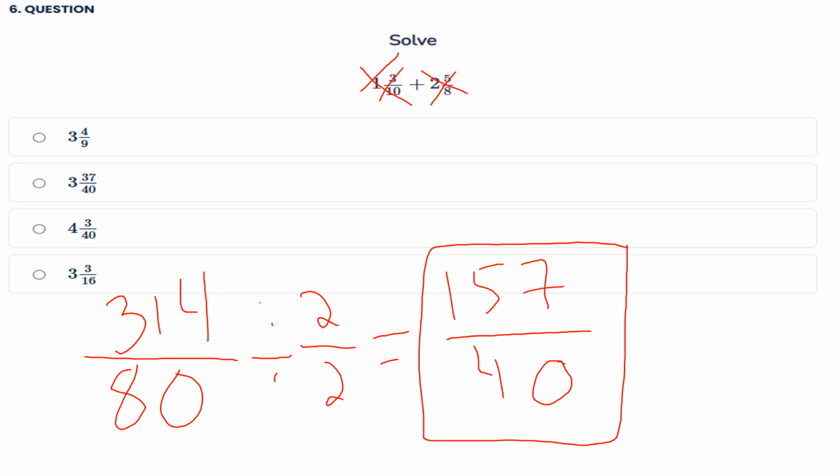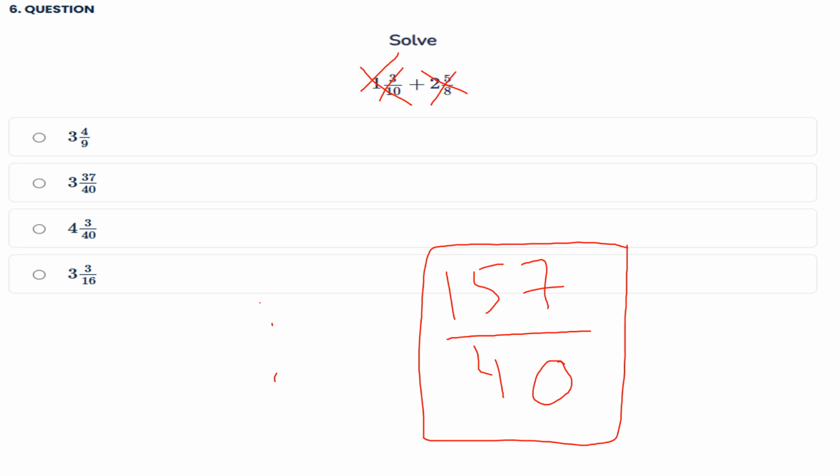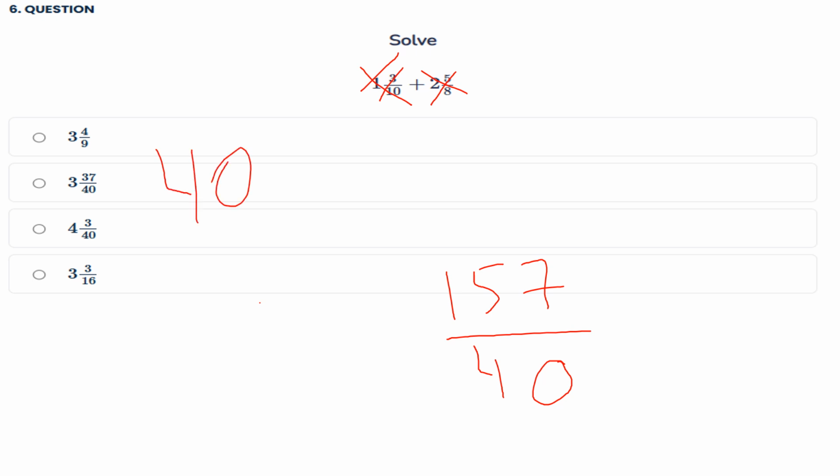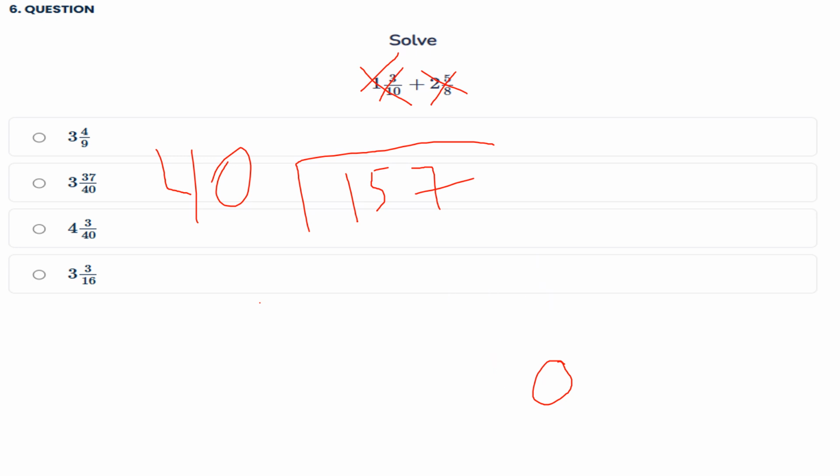So now that we have that, we're going to change this number into a mixed number. And to do that, you divide 157 by 40. Put the denominator on the outside and numerator on the inside.